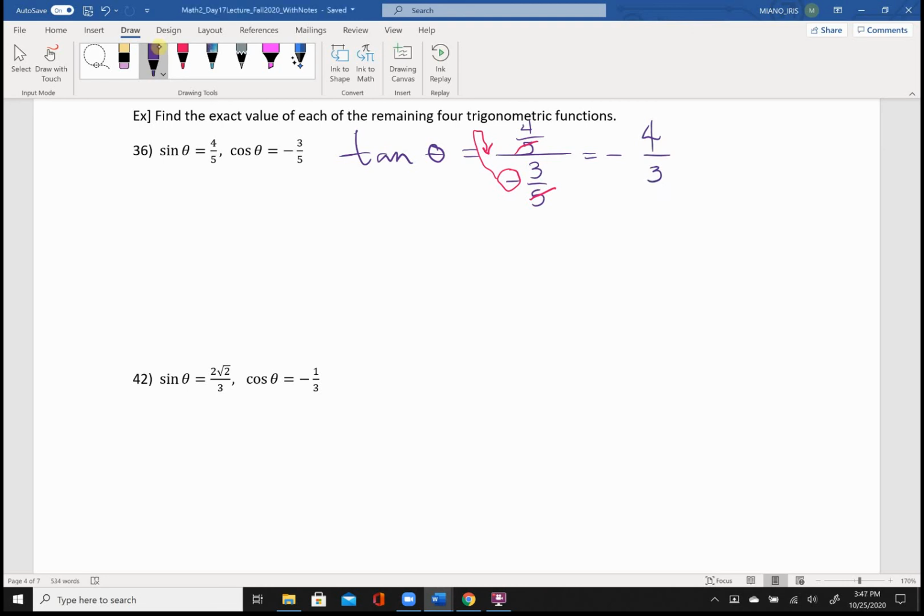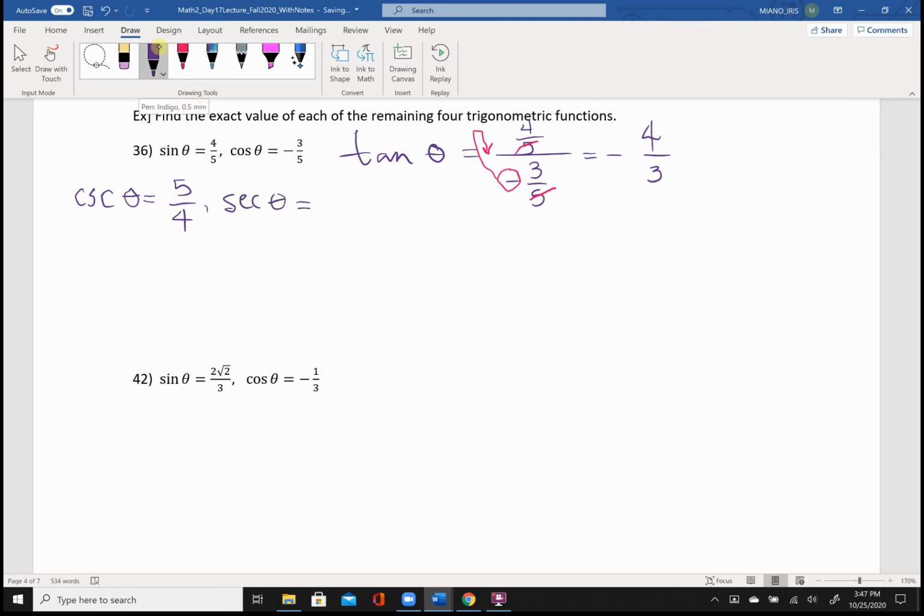Now, underneath the sine, I would recommend that you do the cosecant, because it's the reciprocal function of the sine. So you're just going to flip this over. The cosecant of theta is 5/4. How do I know that right off the bat? Well, the cosecant is the reciprocal function to the sine, so the value of the cosecant at theta is going to be the reciprocal of the value of the sine at theta. So just flip it on over. And then the secant is the reciprocal of the cosine.